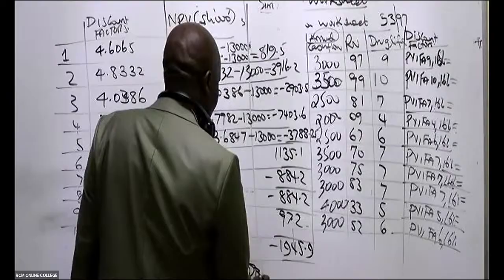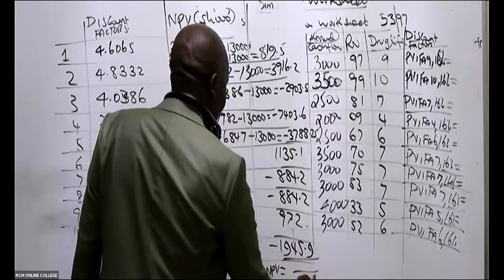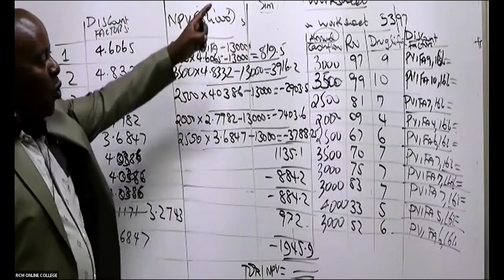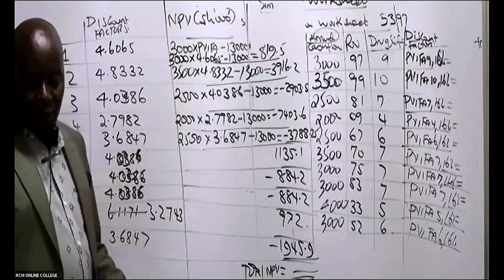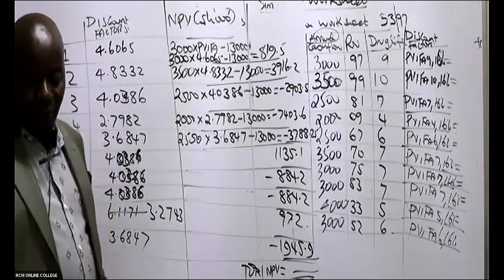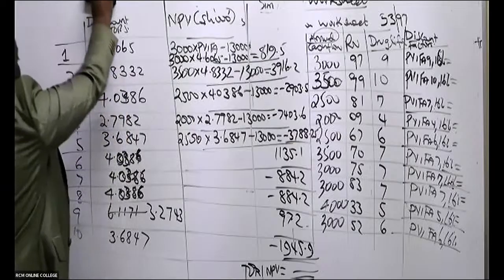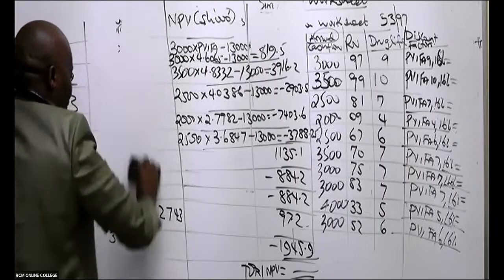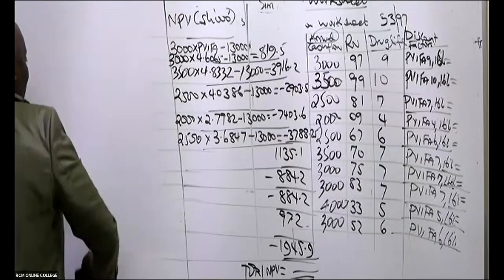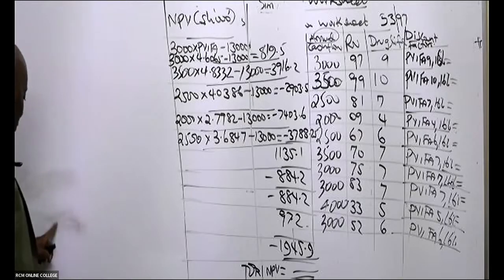So give me the total net present value. You add all of them to give us the total net present value.